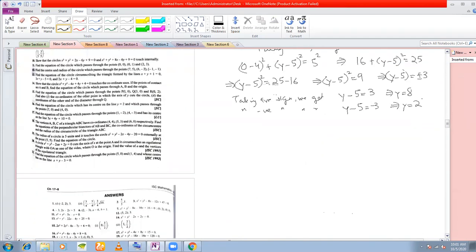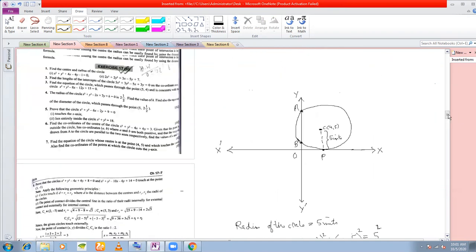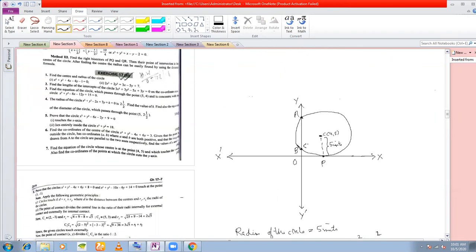Y is equal to 2 represents the point B, which is 0, 2.